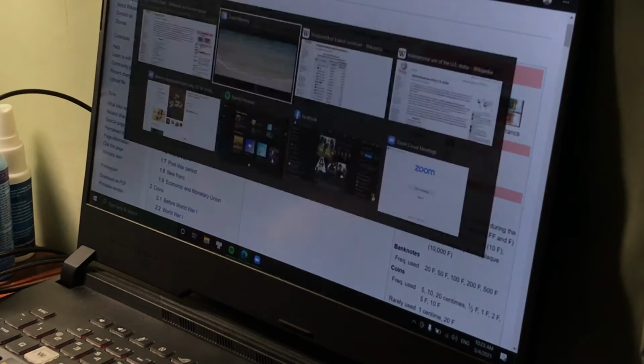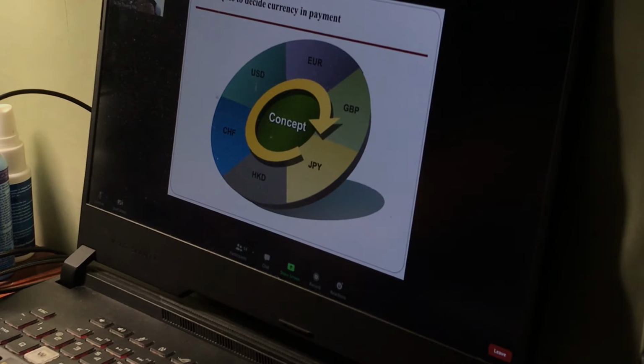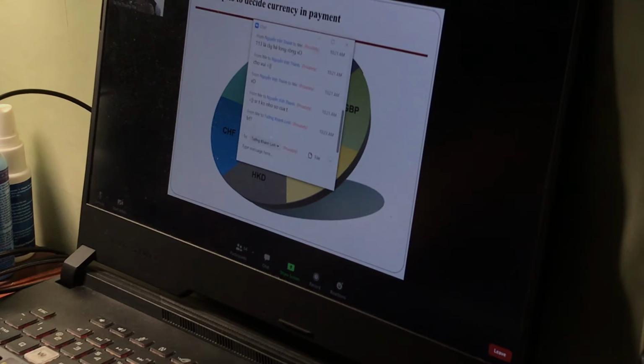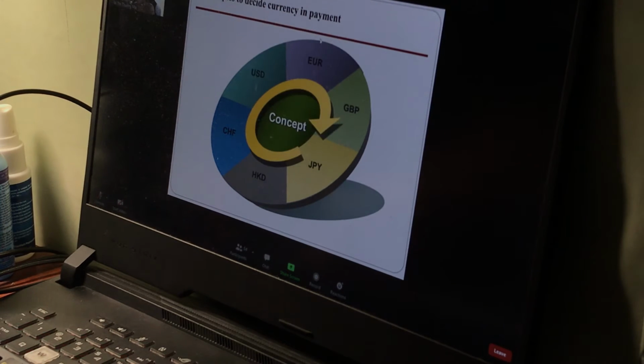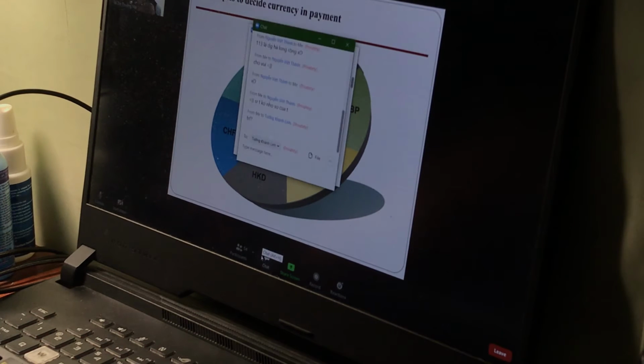Okay, now look at the slide. On the slide, we have some currencies. They are hard currency. Hard currency in Vietnamese, ngoại tệ mạnh. Okay, now look at the content on the slide.